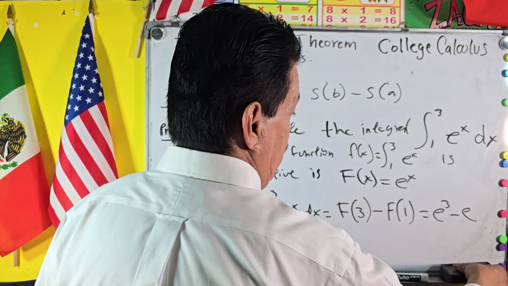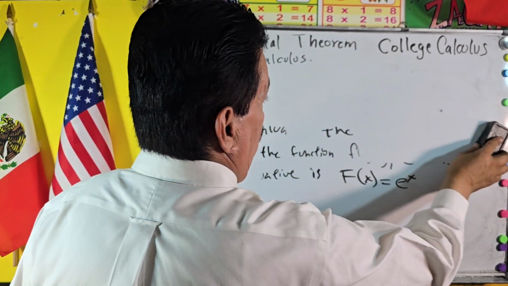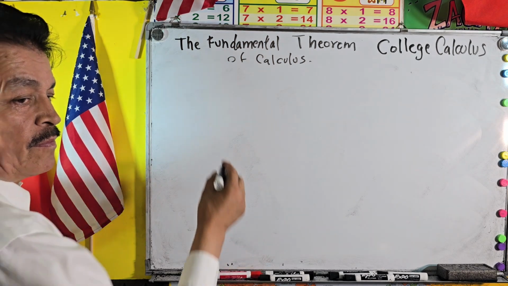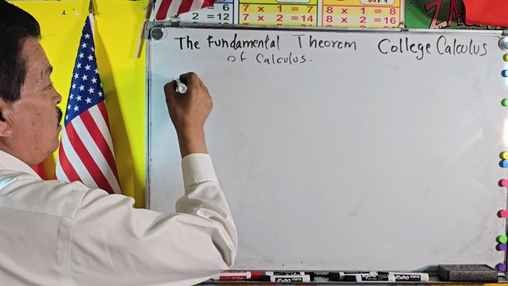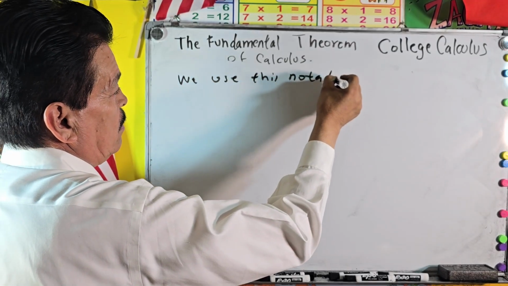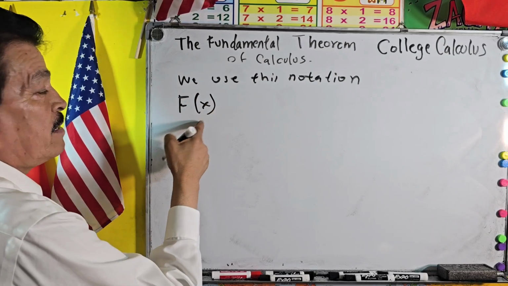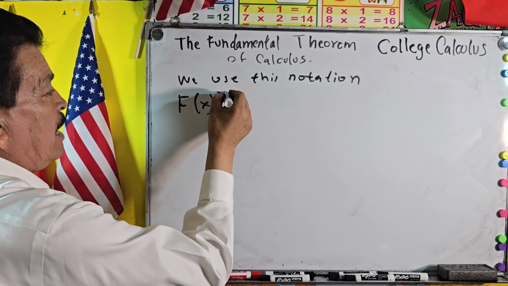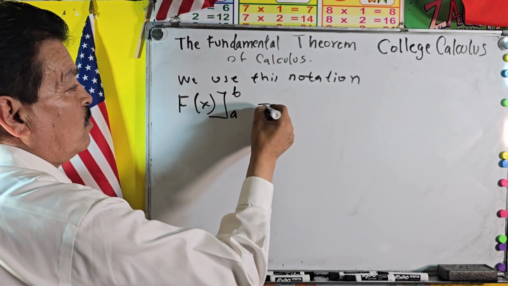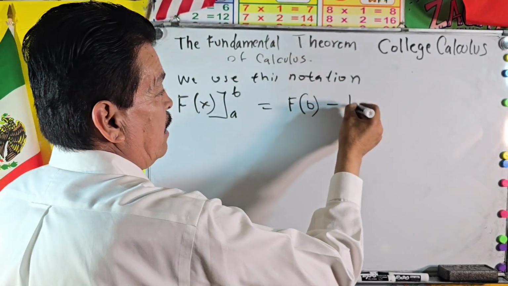So we often use a notation, let me erase here because I don't have enough space. This notation: F of x evaluated from a to b, which equals F of b minus F of a.